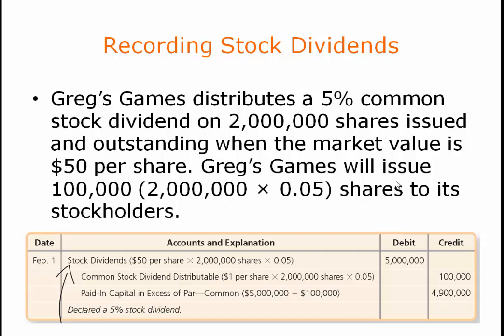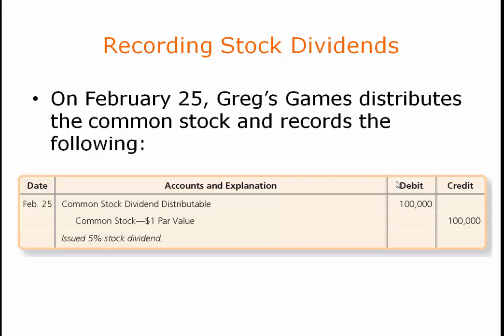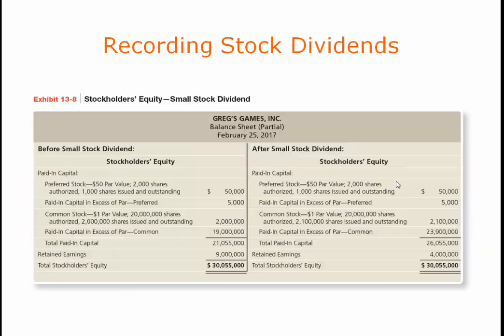You're going to debit stock dividends, which is like a contra equity account. And you're going to credit common stock dividend distributable, which is basically like a payable, but in the stockholders' equity section. And then you're going to credit paid in capital in excess of par, common stock. And that's a 5% stock dividend. And when they pay out, it's just a flip-flop between the two. And that's the end of the journal entry for common stock.